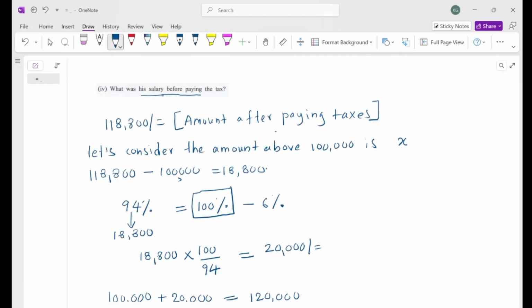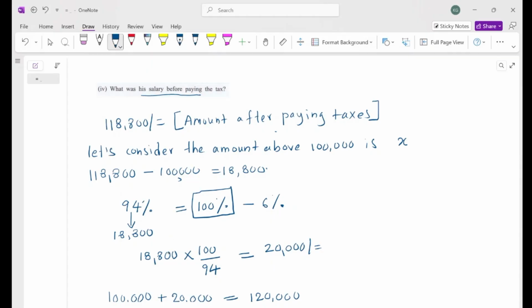Before moving, let's quickly recap this. We had to find his salary before paying tax. For that, this was the amount after paying taxes, and from this amount we deducted 100,000 to get the amount where the tax was imposed. Actually, it was this 94%. From the 100%, 6% of tax was taken, and this 94%, after taking the 6% out, was this 18,800.